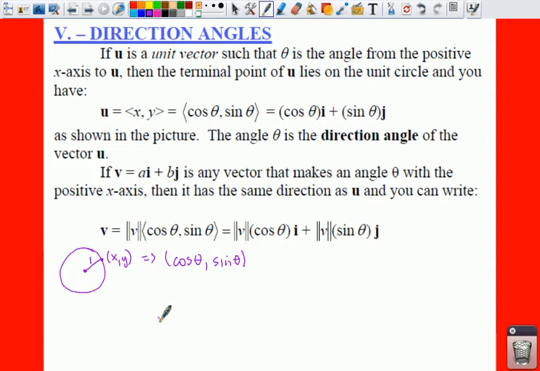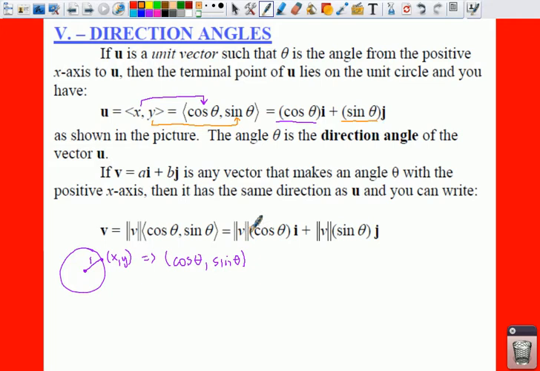So cosine of theta is your x. In order to write this as a linear combination, we can write it as the cosine of theta i plus the sine of theta j.